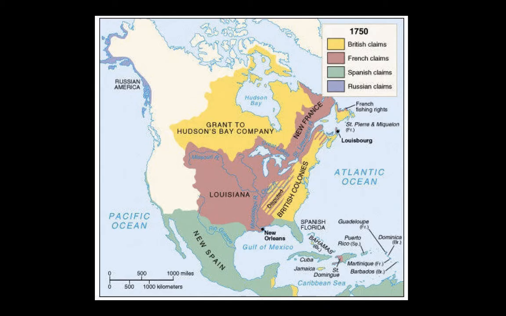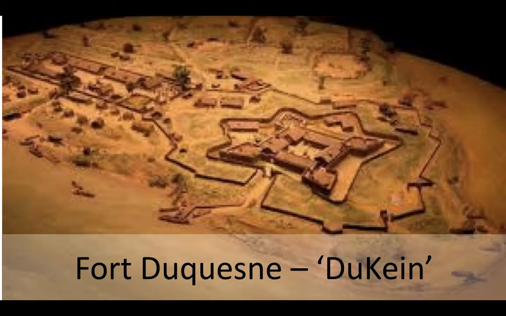The British said no, it's ours. And so France figured that if we want to keep this land, we better have people there. And if we're going to have people there, it makes sense that the first people that go there be soldiers. And the soldiers need a fort, so let's build Fort Duquesne. And so they set about doing that.